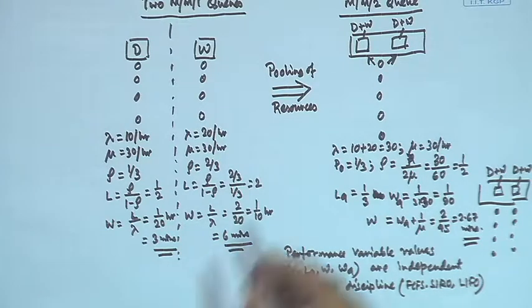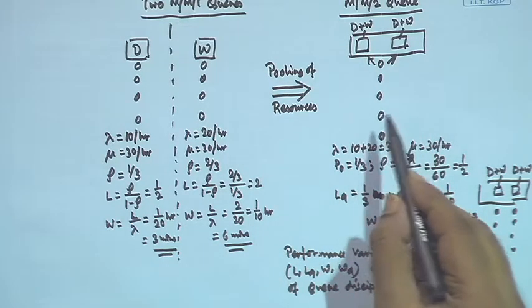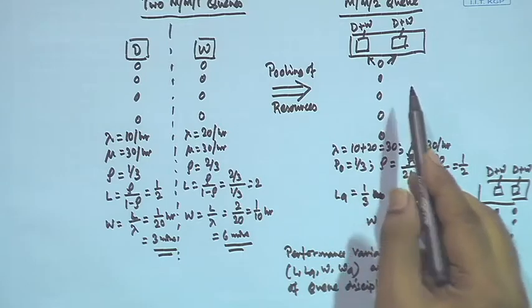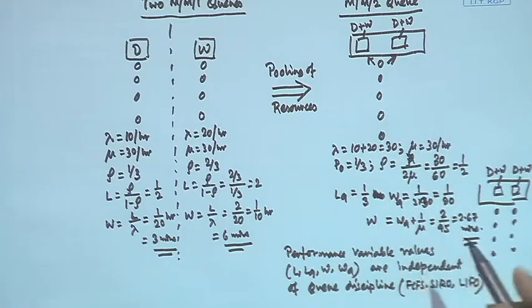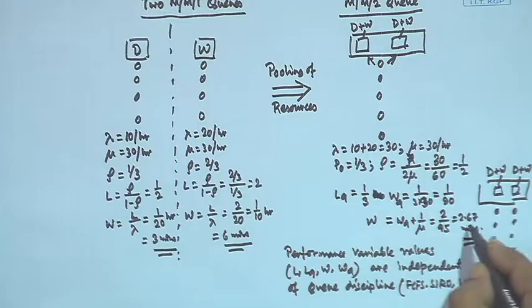When you combine them into a single M/M/2 queue, W comes out to be 2.67 minutes. That means the average waiting time in the system reduces for both the counters.